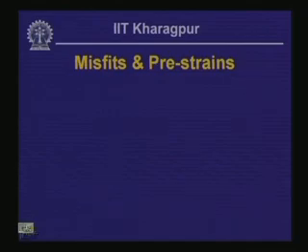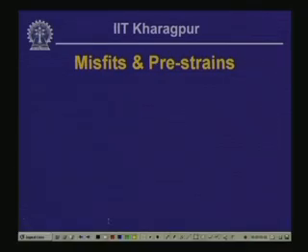Now, let us look into another term which we call misfit, or another term which we call pre-strain. Many a time we get structural systems which consist of several members. It may so happen that any of the members of the whole structural assembly are not of the exact length as it should be, either it is longer or it is shorter.